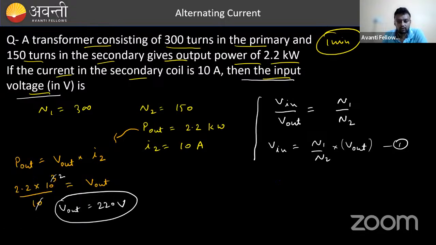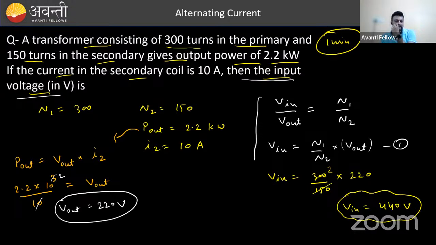Now put this V out in this equation 1. If you put this V out, V input is coming out to be N1 is 300, N2 is 150, V out is 220. That is 2 times 220. So the input voltage is coming out to be 440 volt.